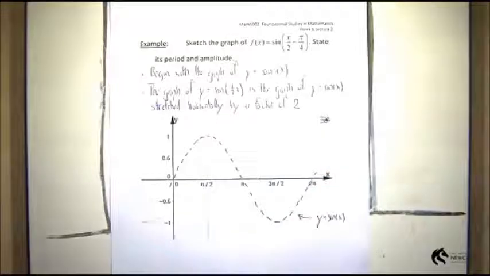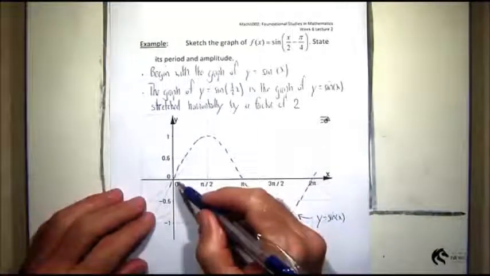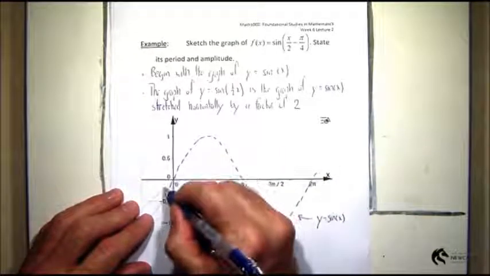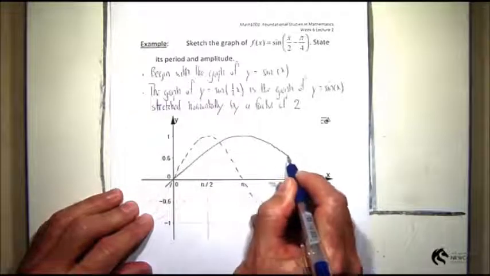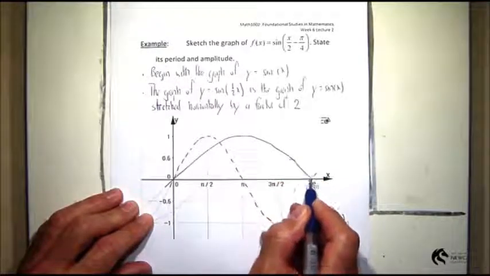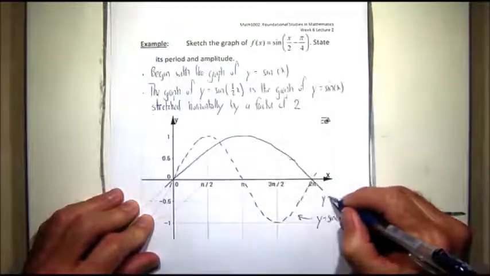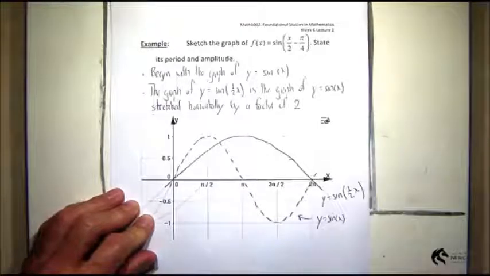So everything gets stretched horizontally. So here, this graph did that, comes down to pi. So the graph of sine a half x will get stretched out this way by a factor of 2. So that will be the graph of y is equal to sine a half x.